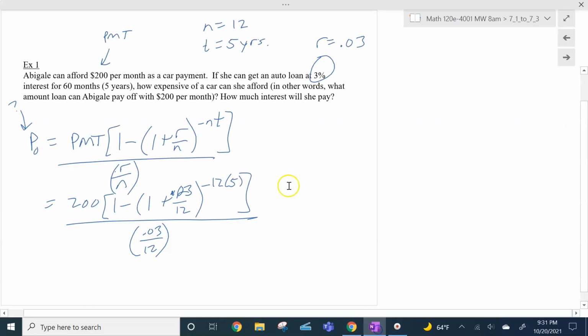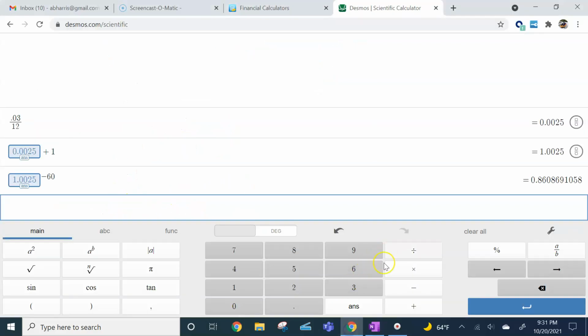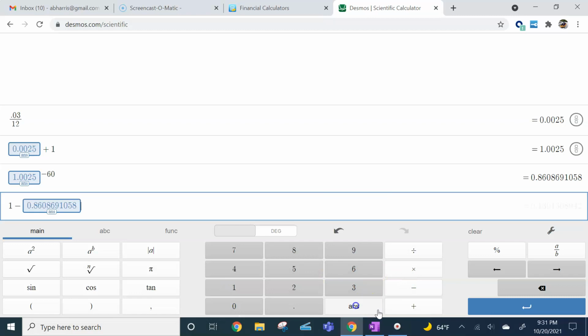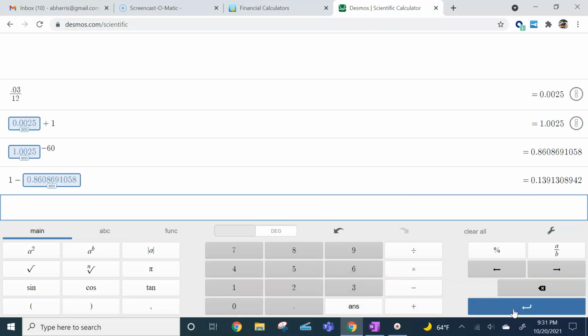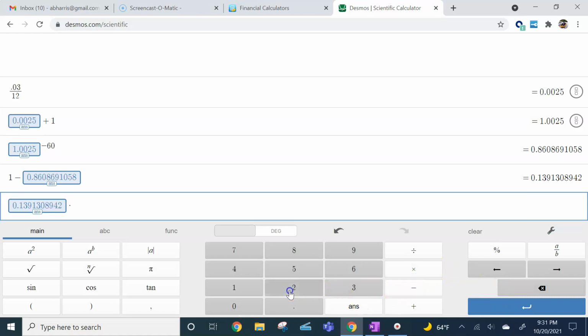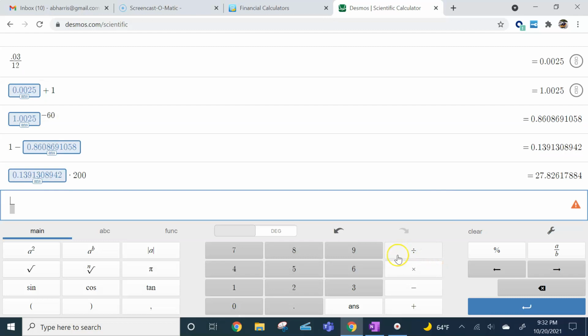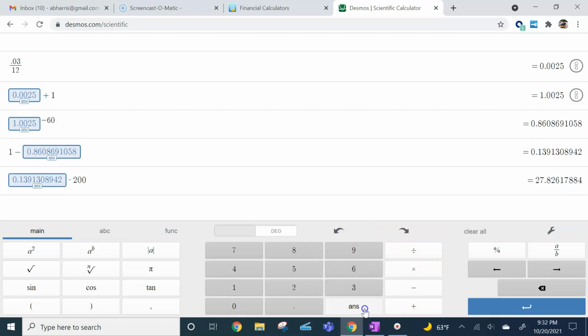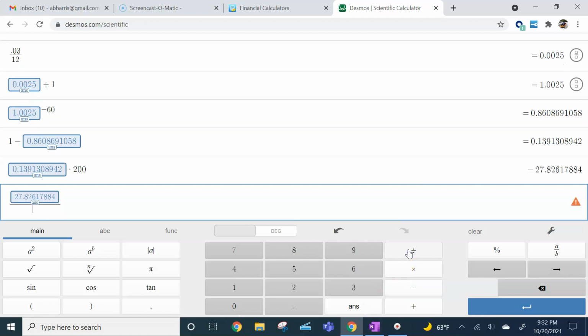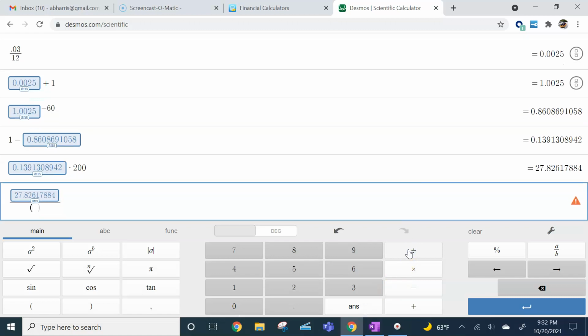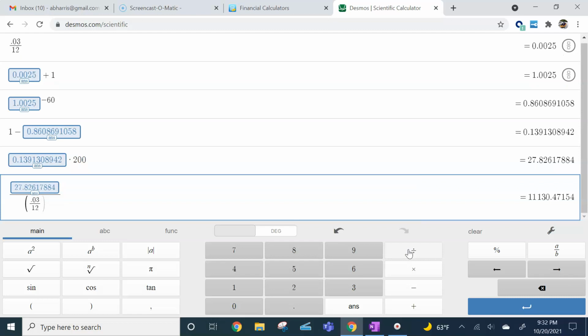And then notice, we have this part all done. So now we're going to go 1 minus that answer. Enter. And then we're going to multiply the answer times the 200 in front. Enter. So there's the 27.826. And then we're going to divide it by, oops, I'm going to undo that. I'm going to take the answer and divide it by, and I'm going to put this in parentheses, the 0.03 divided by 12 part, and enter.